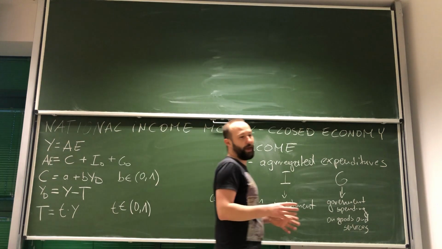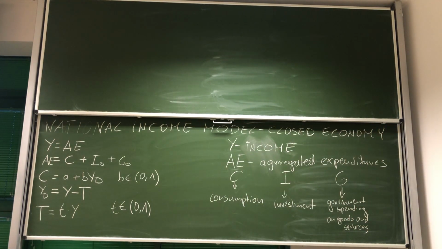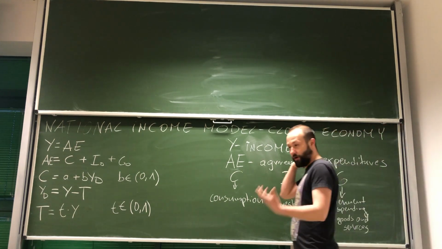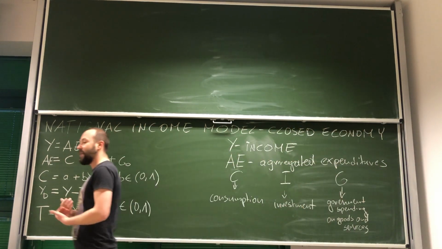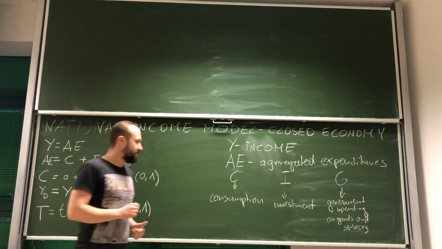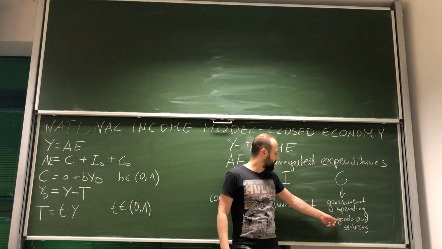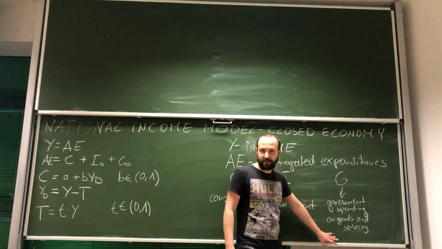However, government can pay unemployment benefits. So government can pay money to people that do not work. But in this case, government does not get anything in return. So in this circumstance, we will not calculate this into government spending on goods and services.